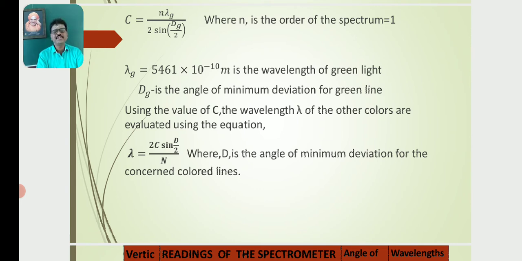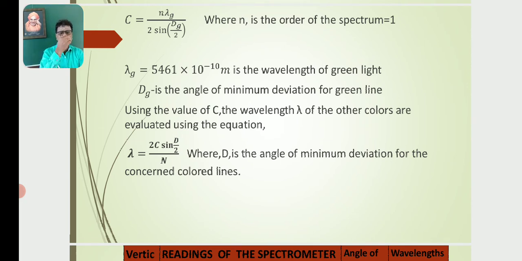We are substituting the values of n, lambda g and Dg. Here n is 1 for first order spectrum, lambda g is 5461 into 10 power of minus 10 meter, and Dg can be determined with the help of the experiment, D is equal to R minus R naught. Then substituting all those values, determine the grating constant C.